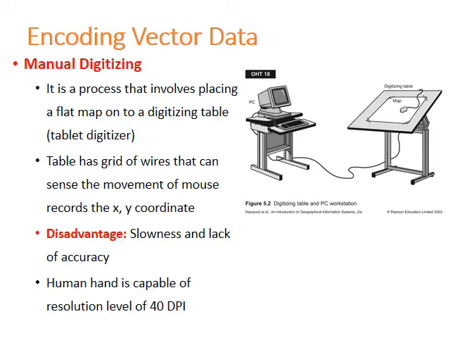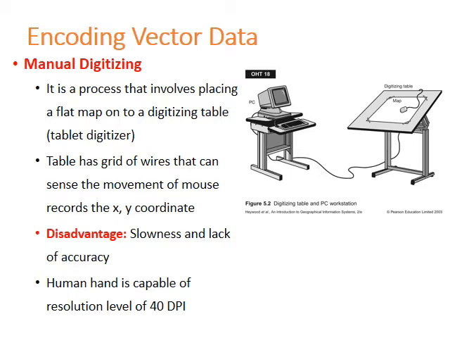Manual digitizing using a digitizer board is one of the ways by which data is encoded as vector data. This was used in the very early days of digital cartography. It is a process that involves placing a flat map onto a digitizing table, which is called a tablet digitizer, which will have a mouse or a digitizer puck, and the table has a grid of wires that can sense the movement of the mouse.